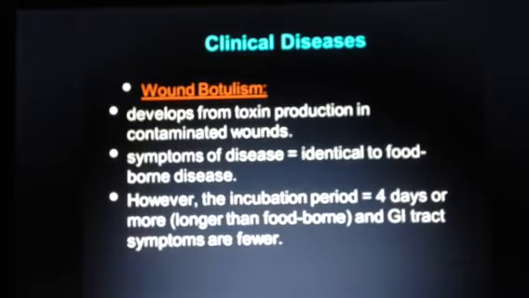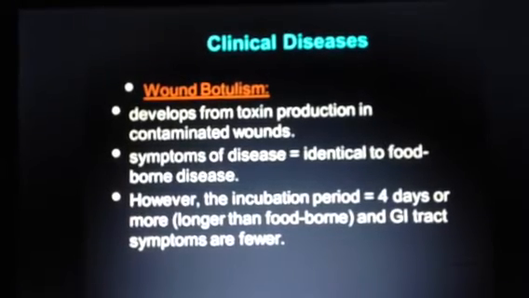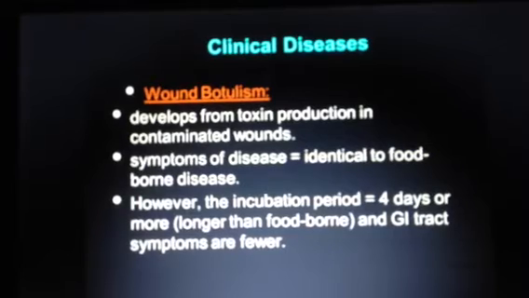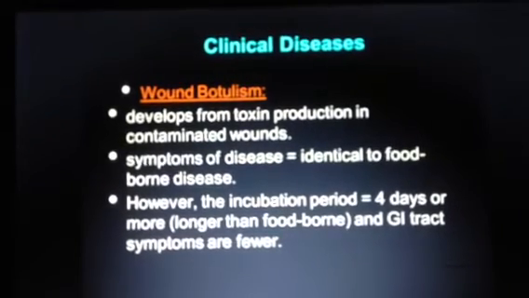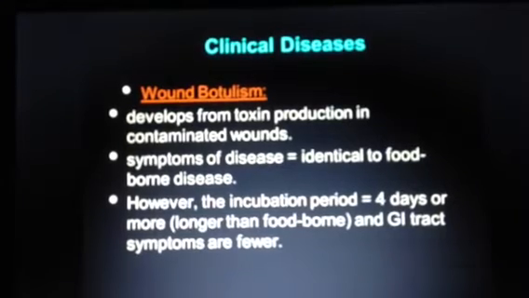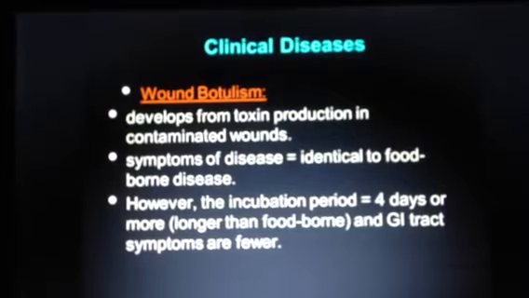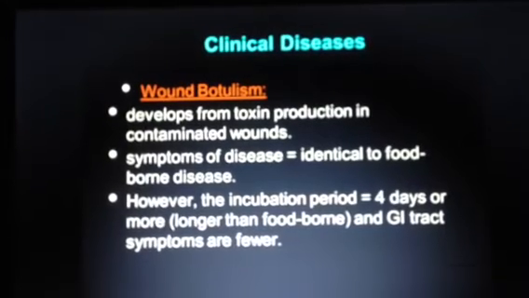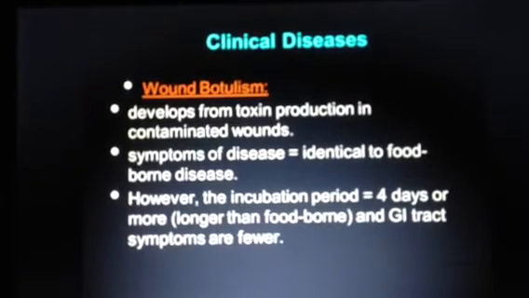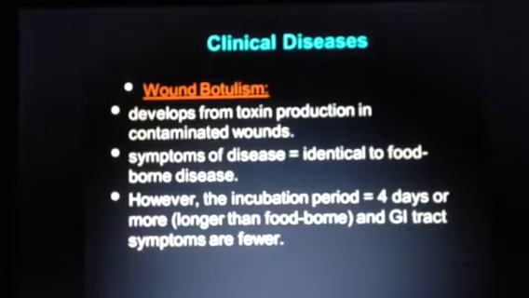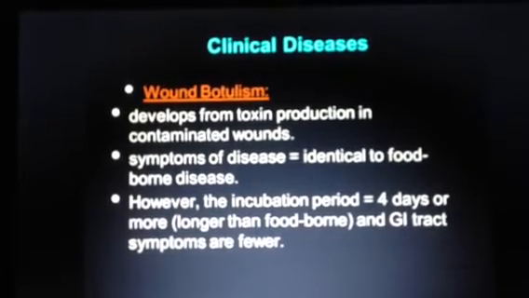So a patient with this kind of disease will have blurred vision, dilated eyes, and weak muscles. However, the incubation period is 4 days or longer, and the GI tract symptoms are fewer than in the case of foodborne disease.